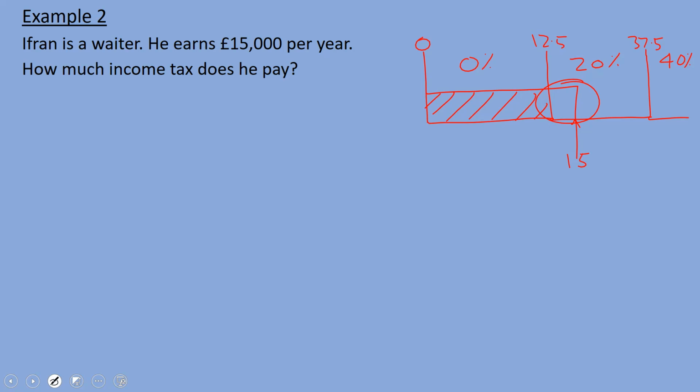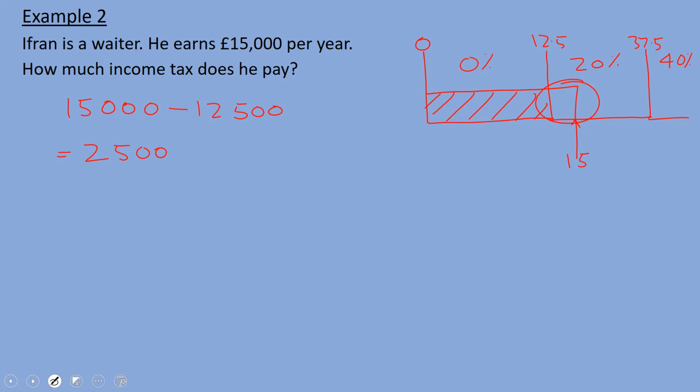So how much is that? Well, we're going to say 15,000, which is his pay, his salary, minus 12,500. So he's not paying any tax on his tax-free allowance, and that would give us 2,500.